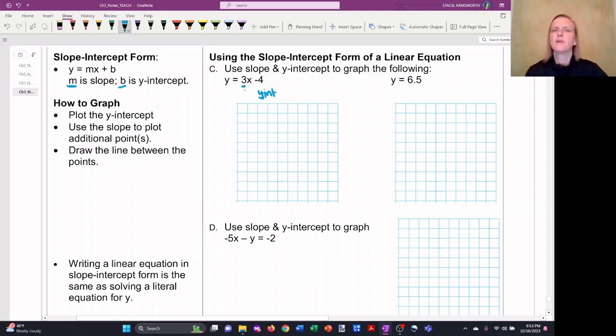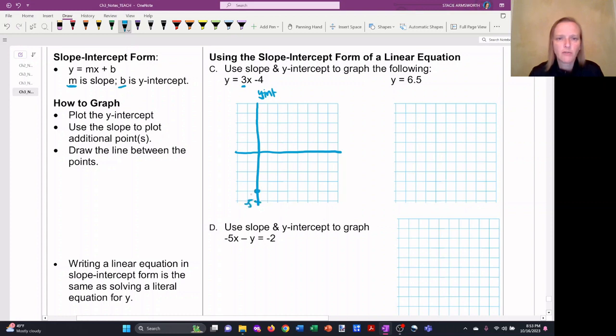My slope is positive, so I'm going to start low on the graph at the negative 4 region, and I'm going to move upward. I'll leave a little bit of room to the left, and I want to leave plenty of room down below because I'm starting down here at negative 4.